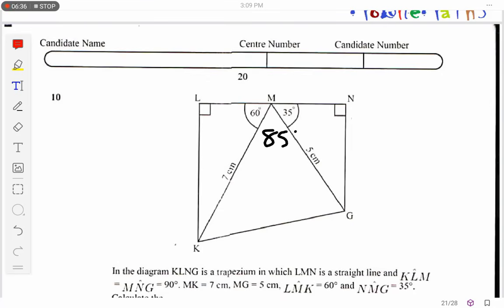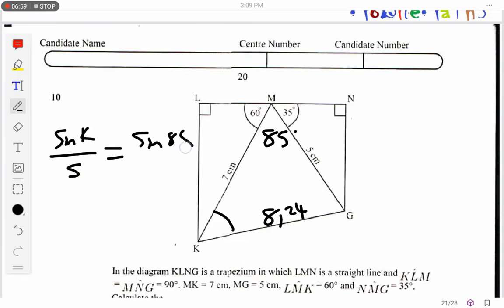I can just use the sine rule, because this side, I now have KG is 8.24 here, and we want this angle there. Then we can say sine K over 5 is equal to sine 85 degrees over 8.24 there.